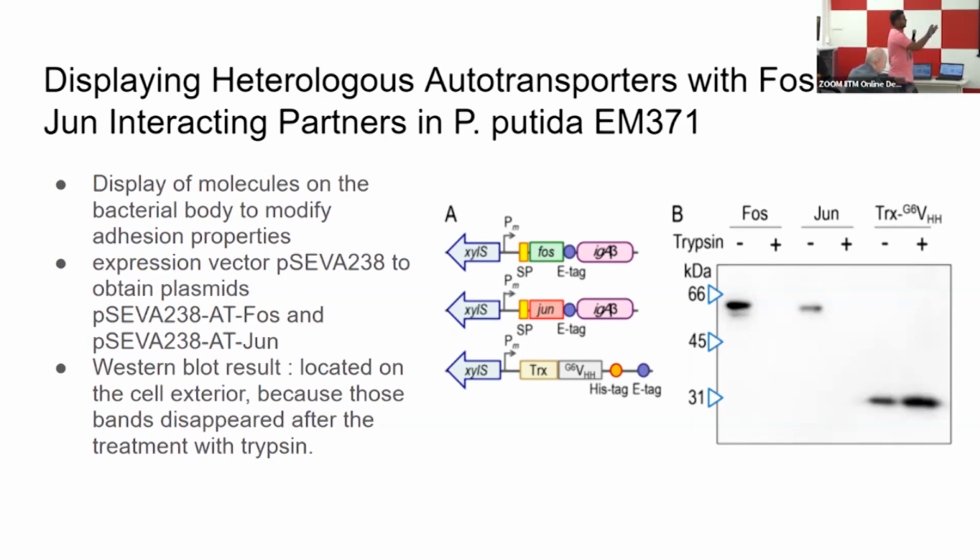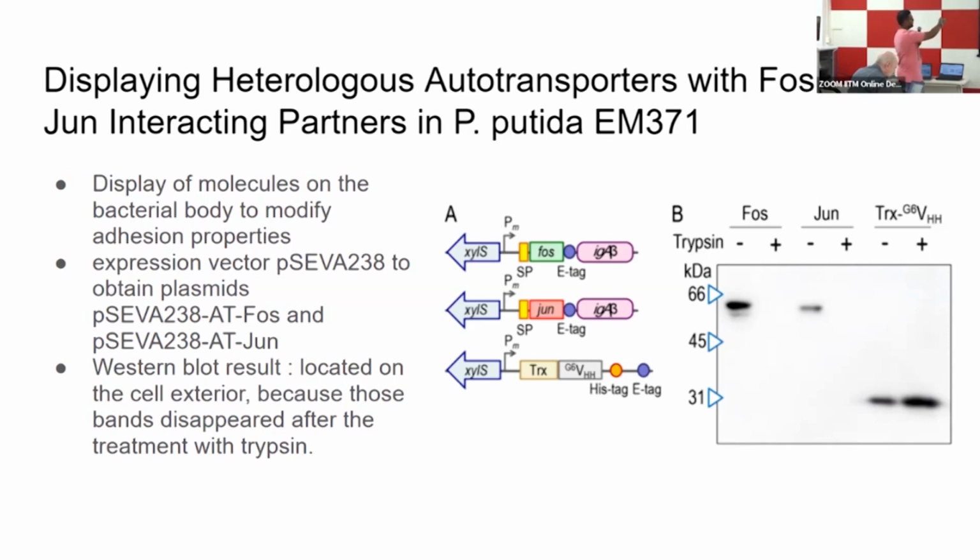FOS and JUN represent transcription factors, and they are in conjugation with E-tag and IgA beta. These are present on the outer side of the bacterial surface, and TRX acts as a control. Then they added this in the plasmids.